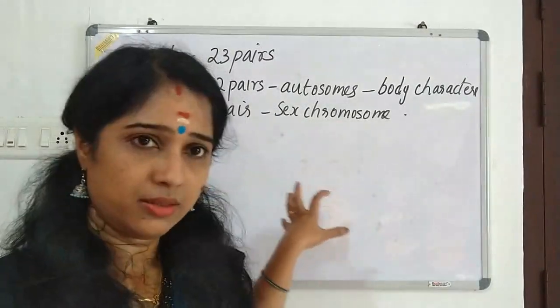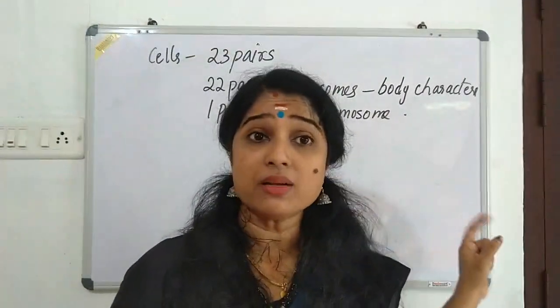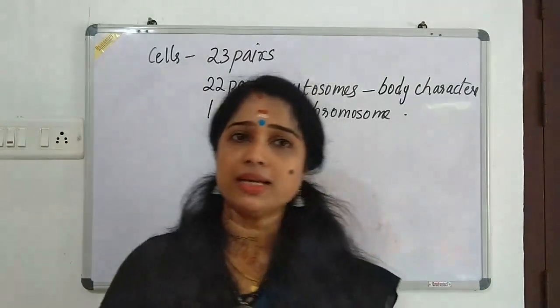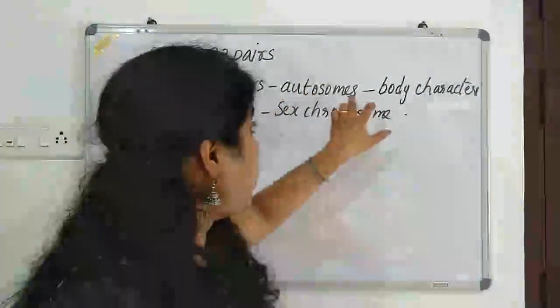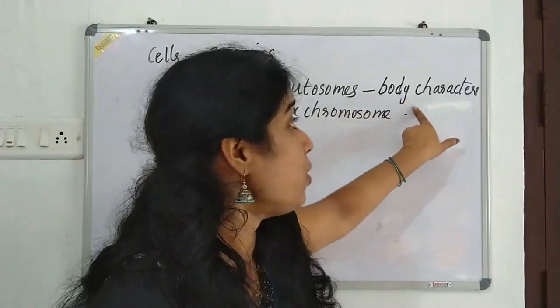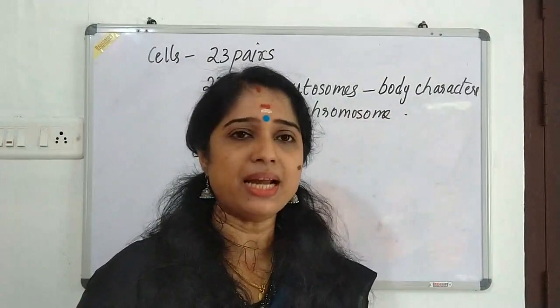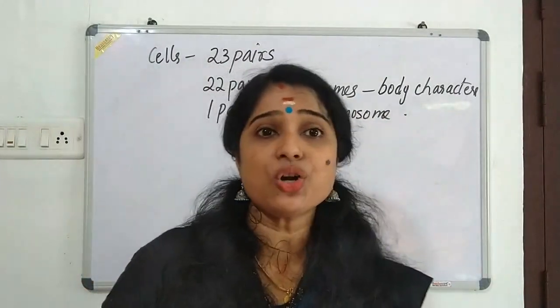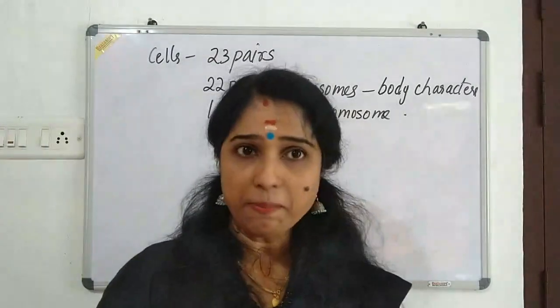They decide whether an individual is a male or a female. So this one pair plays a very important role in determining the sex or gender of an individual, whether it is a female or a male.